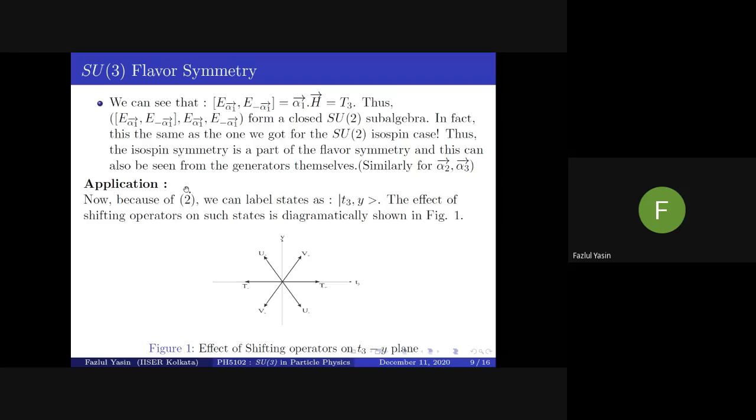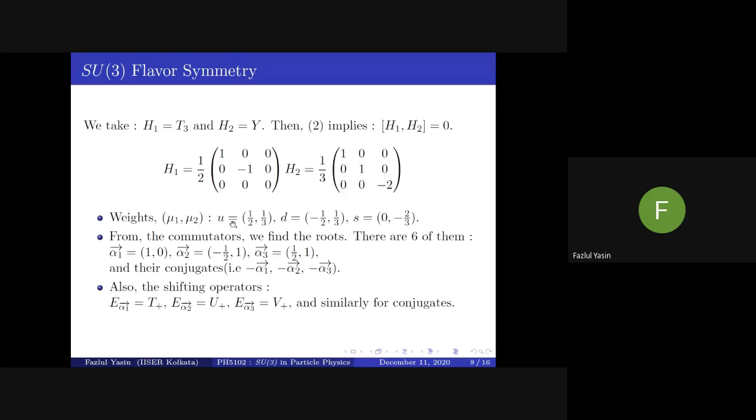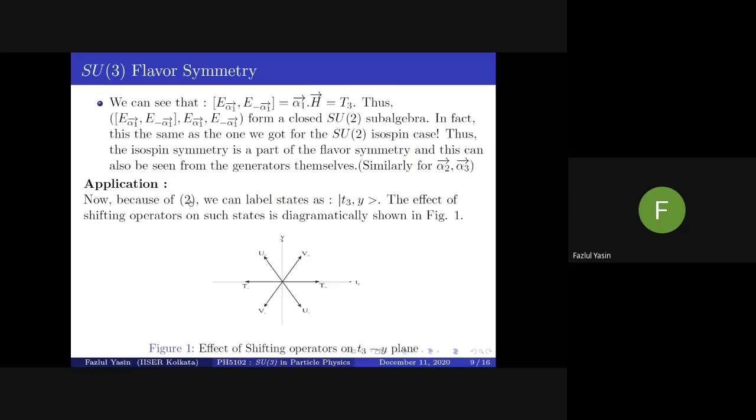Because of the commutator between T3 and T8, I would again, instead of using this notation, go back to the notations which I have written here, because I was more comfortable using them. And now, because of the commutator between T3 and T8, this allows us to label various states in this way: T3, Y, where T3 are the T3 eigenvalues and Y are the Y eigenvalues.